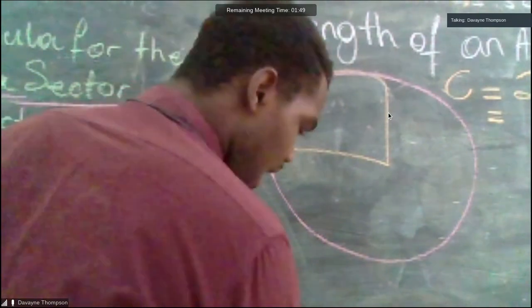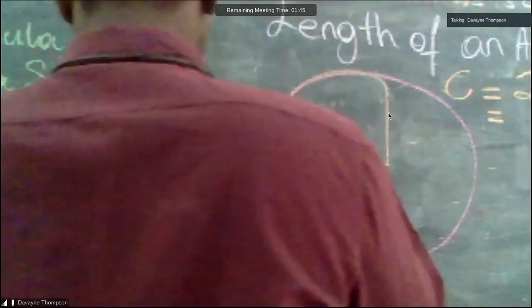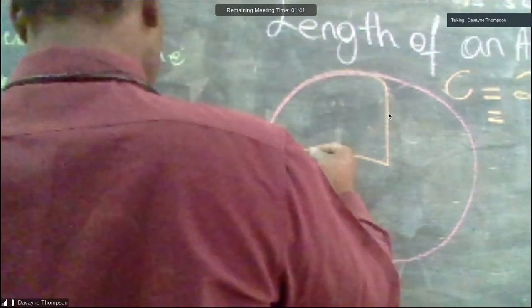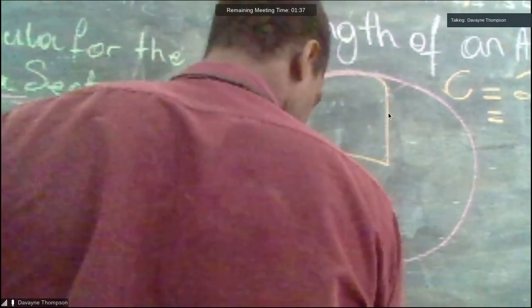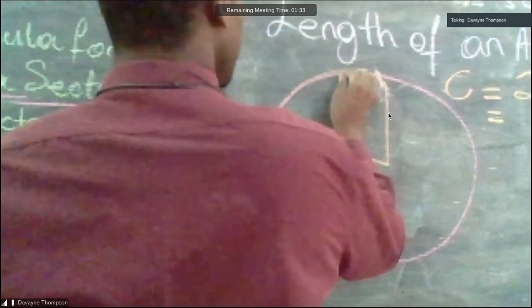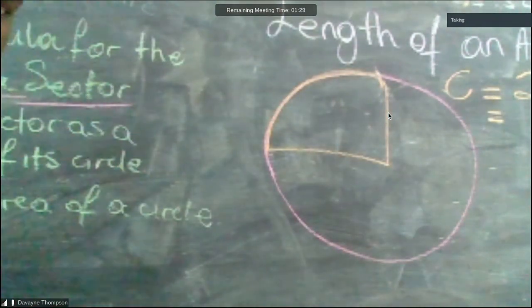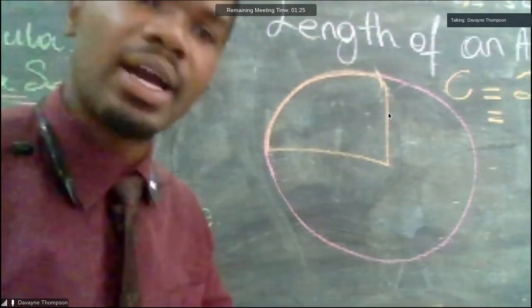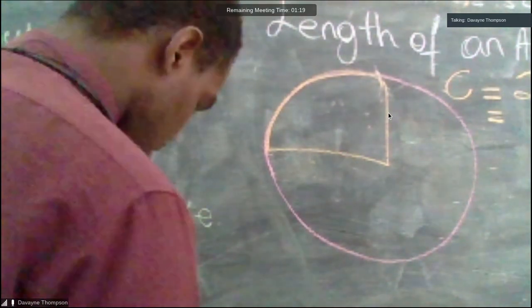If I have a portion of a circle highlighted, like let's say from here to here, you start to realize something. It's the same thing like an arc, the same thing like a sector.